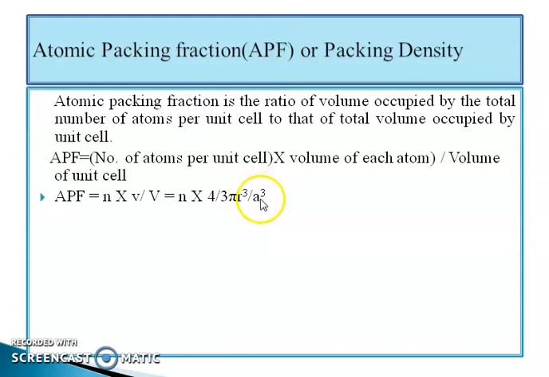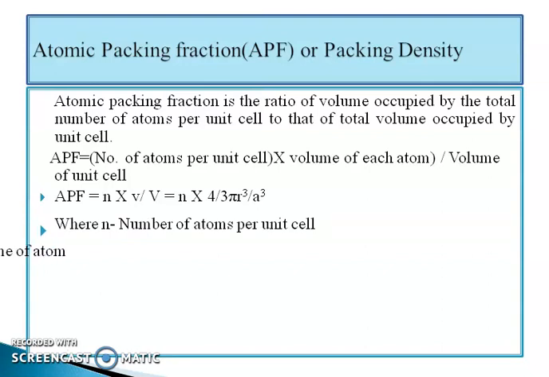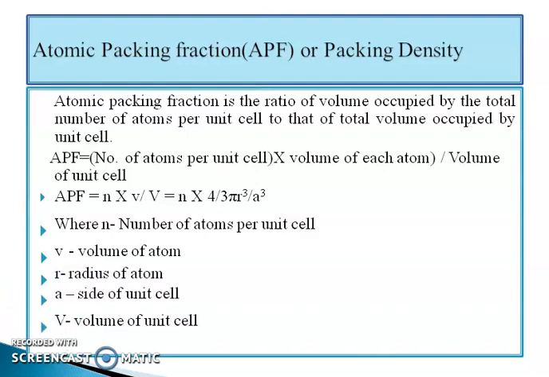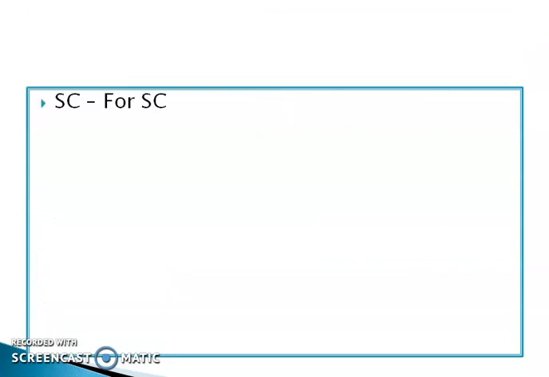Therefore, its volume is cube of side, where N is the number of atoms per unit cell, small v volume of atom, r radius of atom, small a side of unit cell, and capital V volume of unit cell.